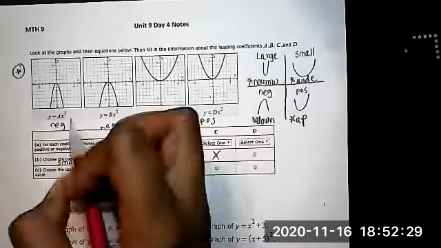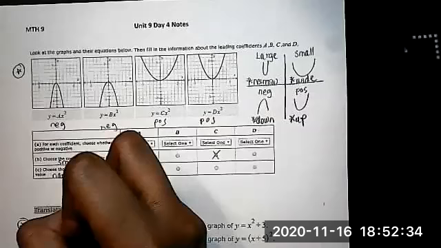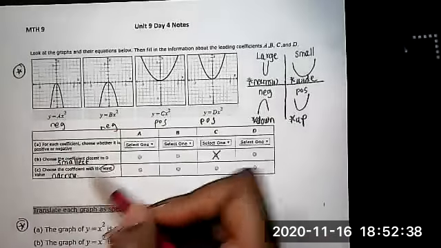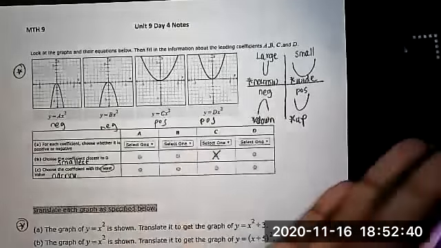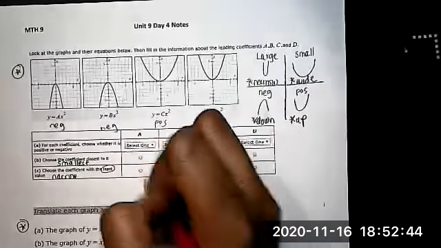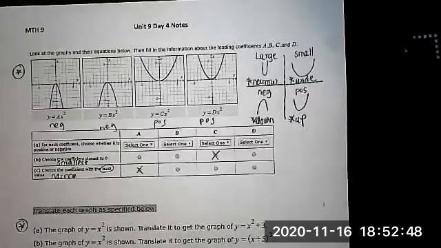And it's a negative, so we know it's moving down and it's the more narrow. So if it has the least, that means it has to be a bigger negative, so it has to be more narrow. And it looks like to me it's going to be that one. Okay, so that is how we solve that problem.